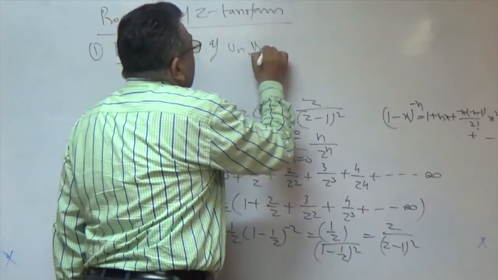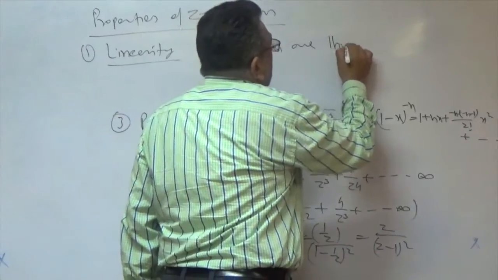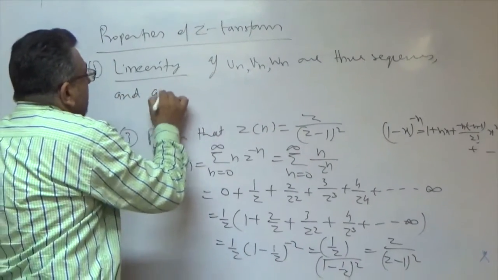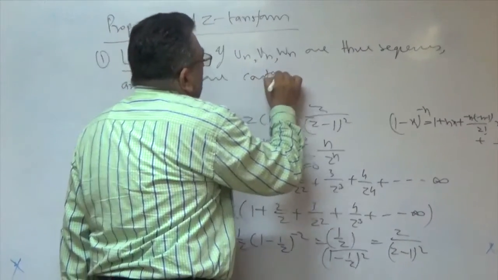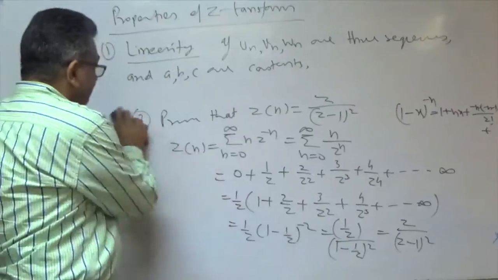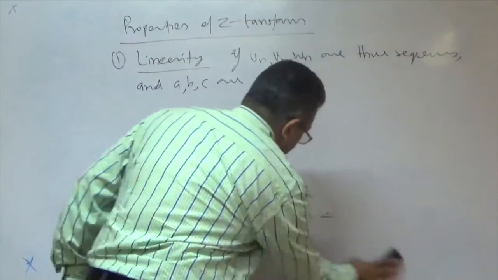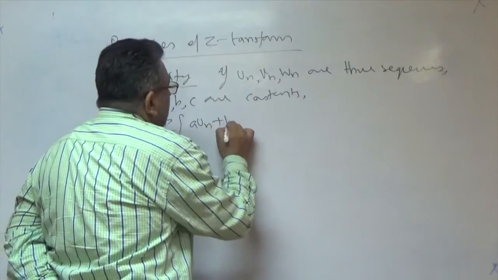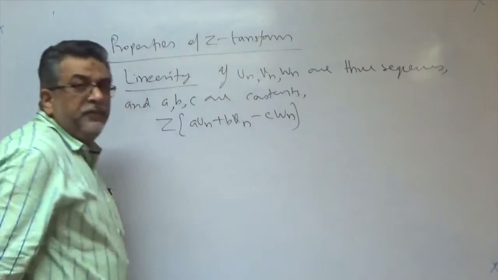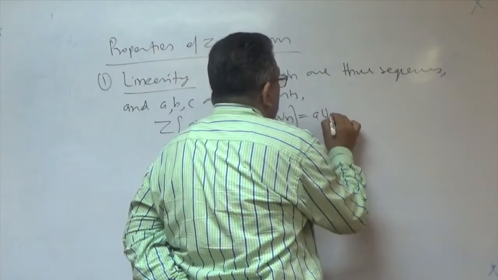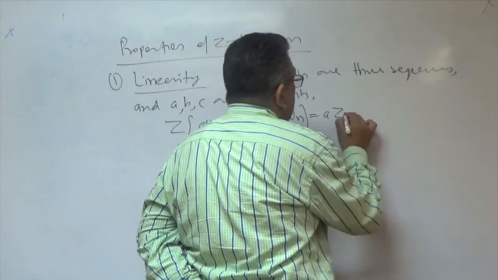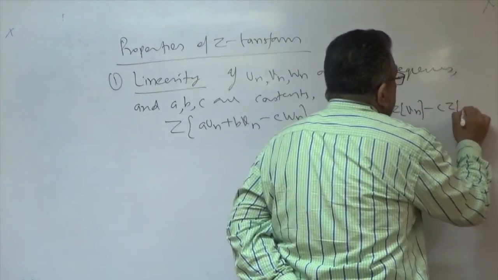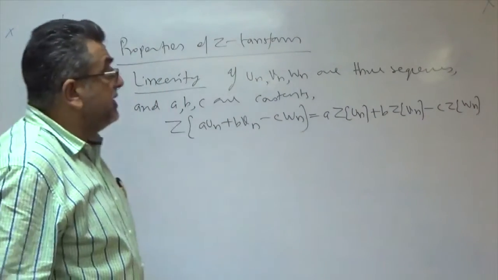If un, vn, wn are three sequences and a, b, c are simple constants, then Z transform of a un plus b vn minus c wn is equal to a times Z transform of un plus b times Z transform of vn minus c times Z transform of wn, right? This is the linear property.